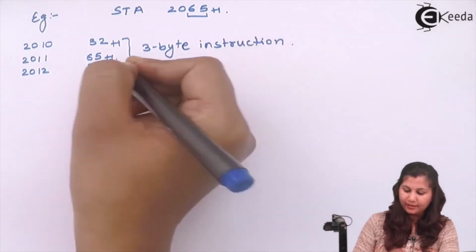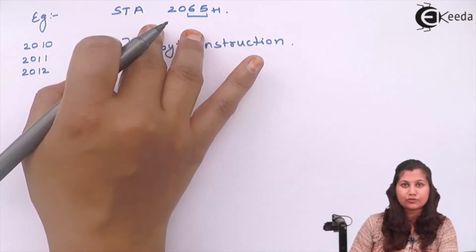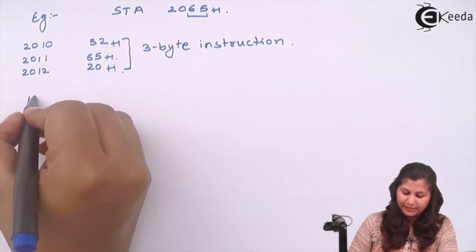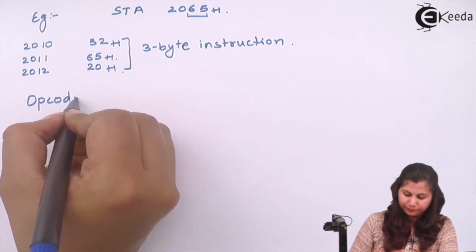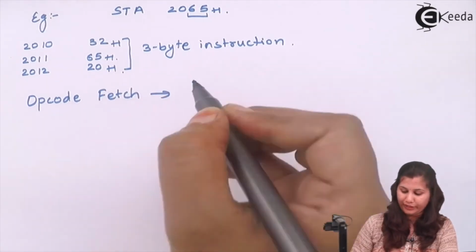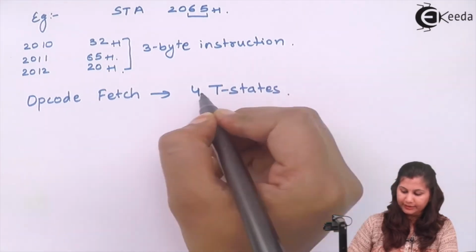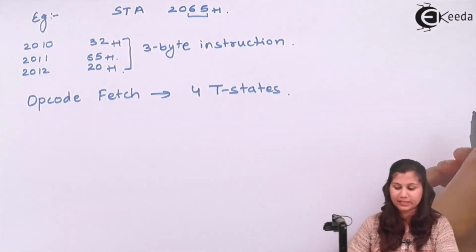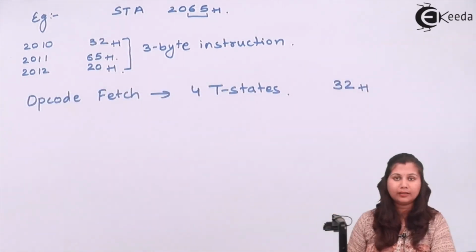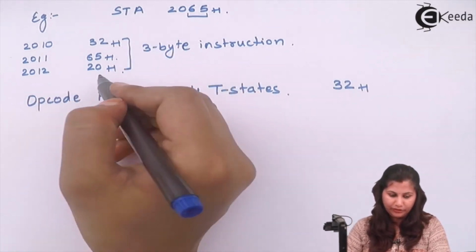The execution of this instruction will require various machine cycles. First machine cycle will be opcode fetch. In this machine cycle, opcode fetch requires 4 T states. We have already studied that opcode fetch requires 4 T states, and this opcode 32H is fetched by the processor. Now the second machine cycle will be memory read.